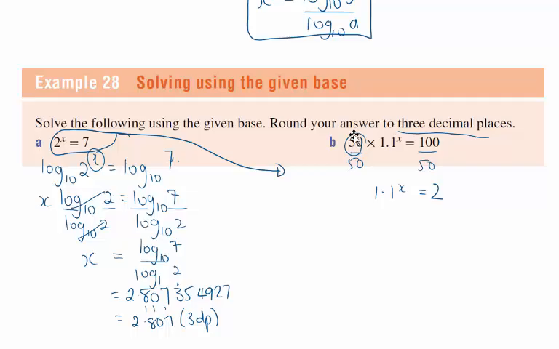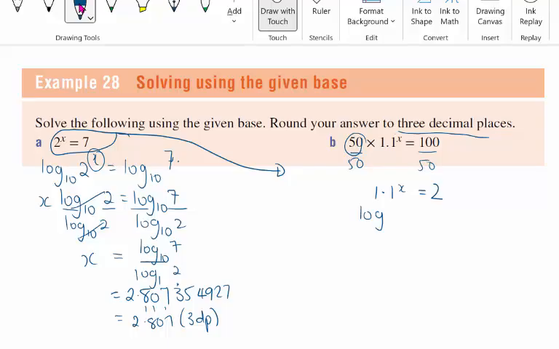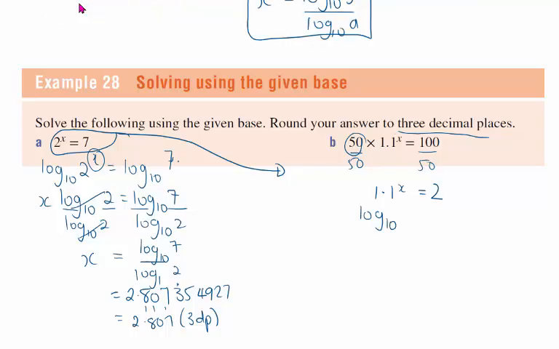We'll take the log of both sides. Okay, so we're going to take the log base 10 of both sides, so 1.1 to the power of x equals log base 10 of 2. Okay, so again, this goes out the front because that's where we want it.